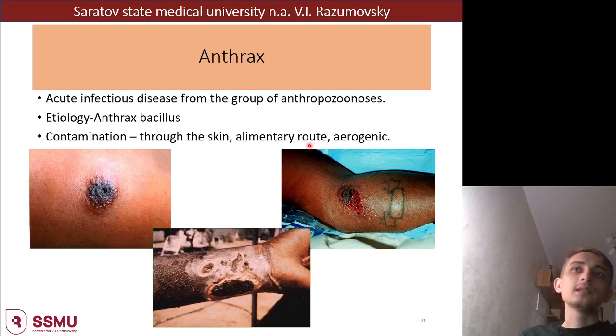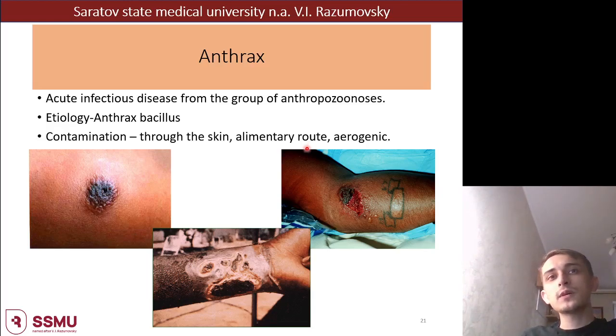The next disease is anthrax. Anthrax is an acute infectious disease from the group of anthropozoonoses, and the etiological factor is the anthrax bacillus. The typical way of contamination is through the skin, or the alimentary or aerogenic route. The typical anatomical manifestation of anthrax is the anthrax carbuncle.